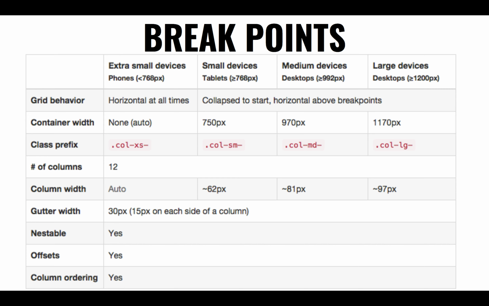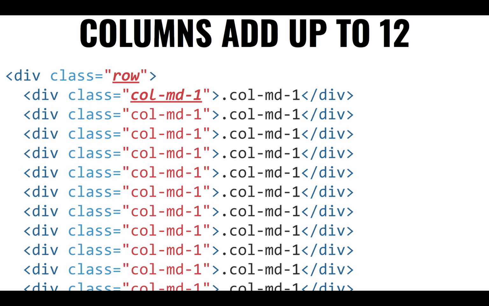But if I go below 970 pixels, this style will not apply, and they will become what normal divs are. So this will become 1, 2, 3, 4, 5, 6, all the way to 12 divs, taking up the entire width of the screen, vertically. That makes sense, right? So all these rules are for whatever that size is and above. All right, let's do the quiz.